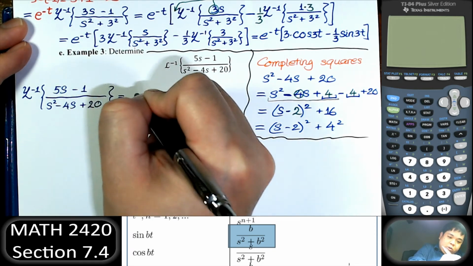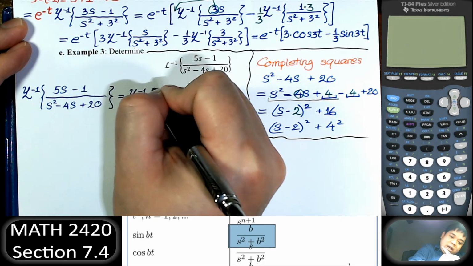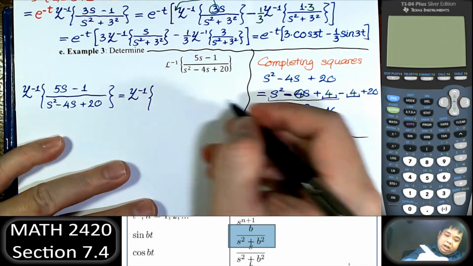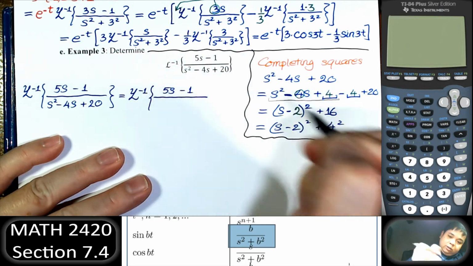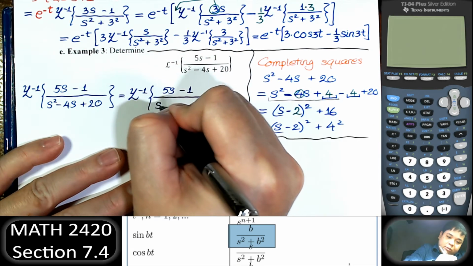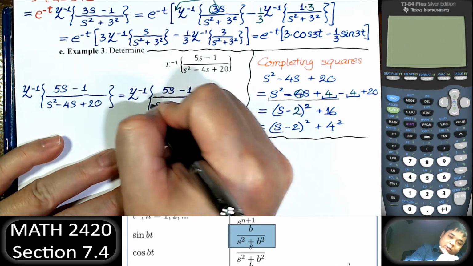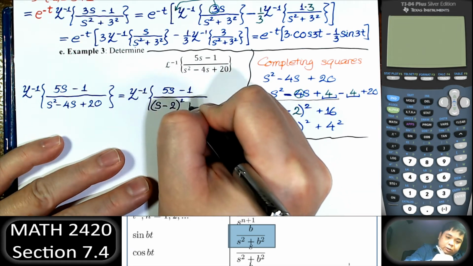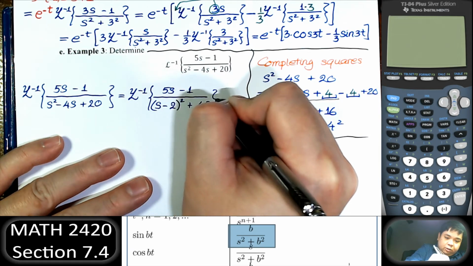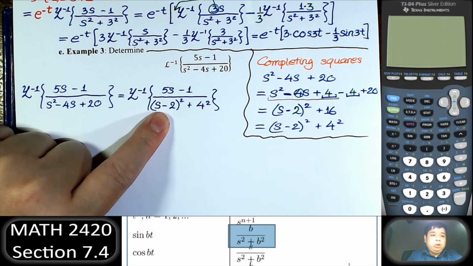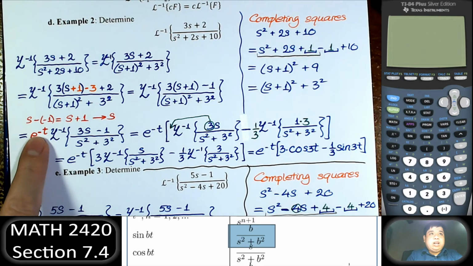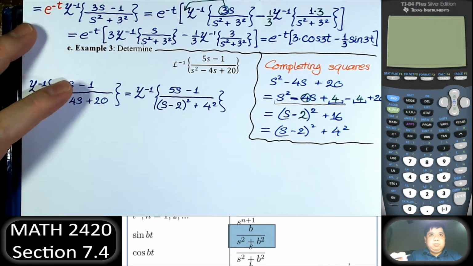First thing, of course, replace the denominator with that. Next, we need to manufacture the s minus 2, so we can replace it with the exponent like that.